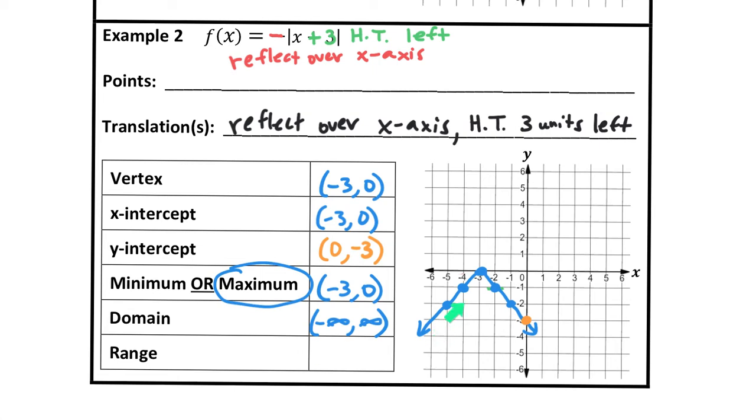And then range, from bottom to top. So as I'm looking at the bottom, the arrows are going to keep going down towards -infinity. But what's the highest y value that we're going to get to is 0, with a bracket because it's closed.